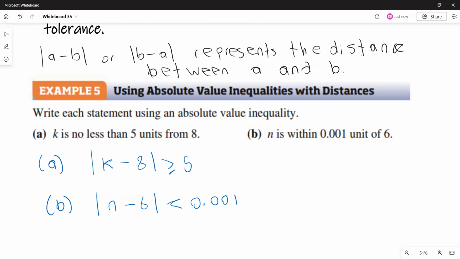Okay, a couple of applications. This is on page 168, number 75.